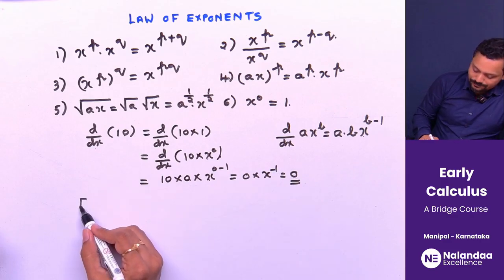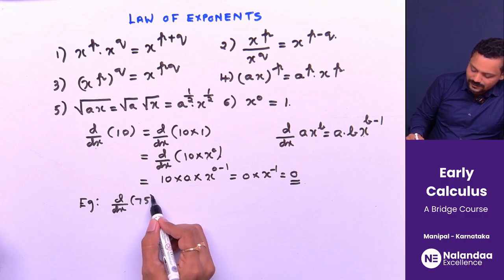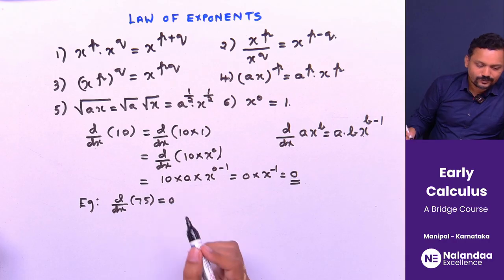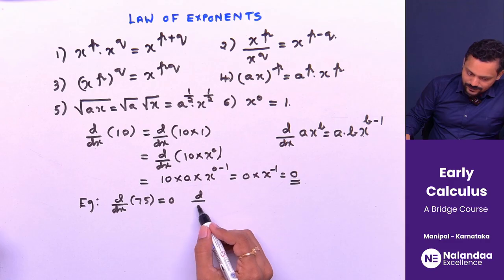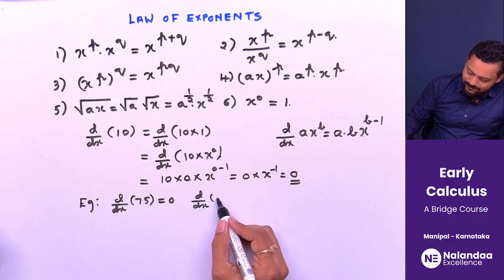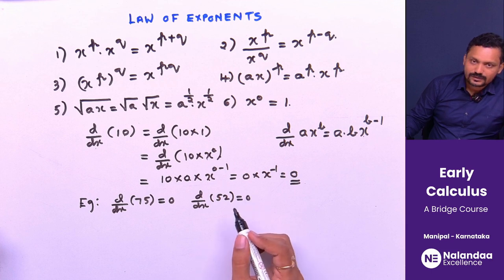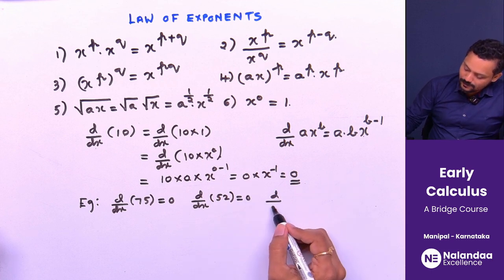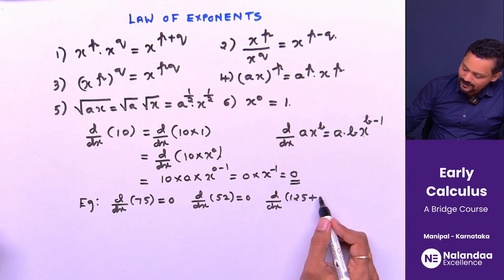For example, suppose you get something like d by dx of 75, the answer is immediately 0. Similarly, if I get d by dx of 52, the answer is 0. Suppose I get d by dx of 125 plus 10 power 3.